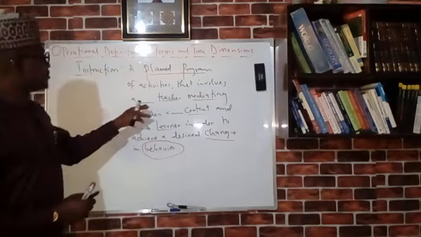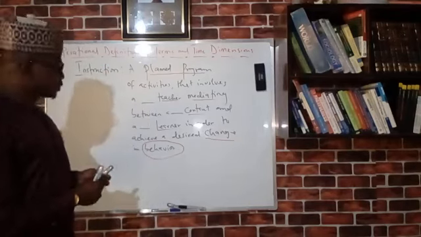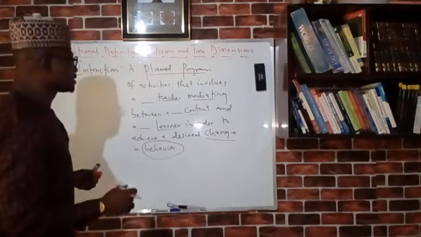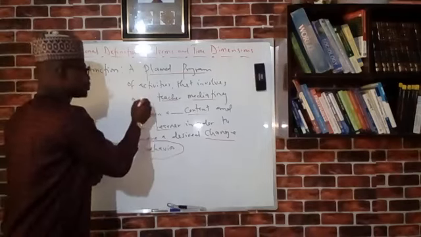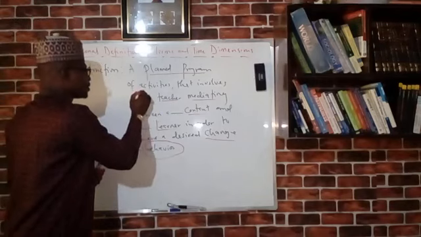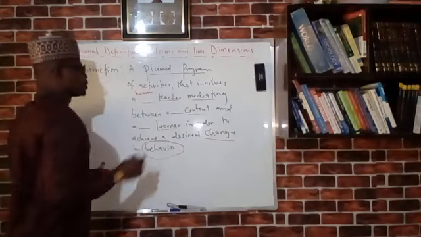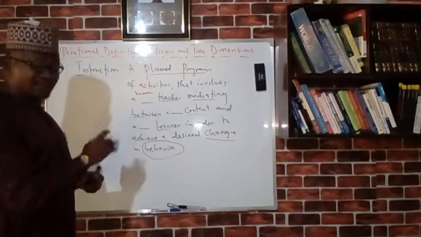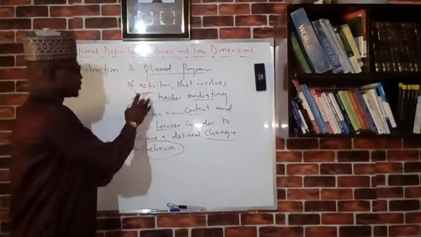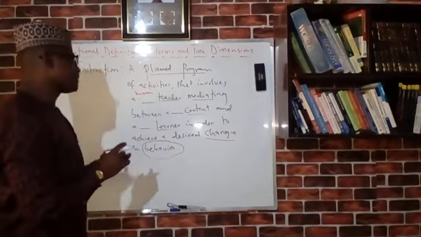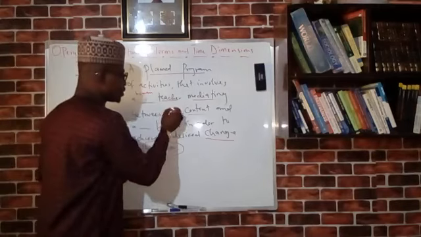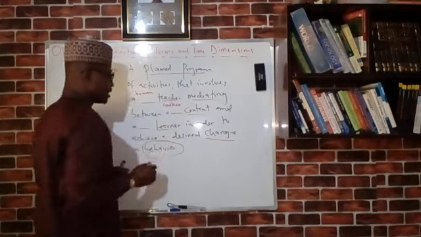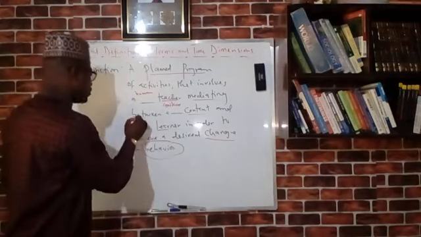So this dash here, some authorities, some schools of thought, will insist that there must be the word human here. So you can see we are not really altering the definition, we are adding to the definition. There must be a human here, and here there must be the word cognitive, and here there must be the word human.